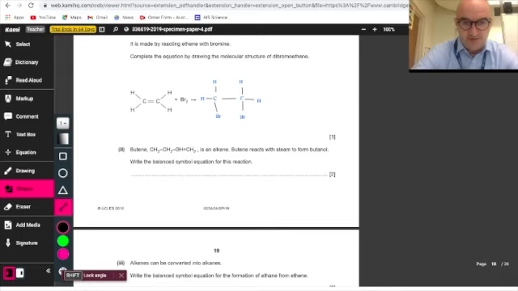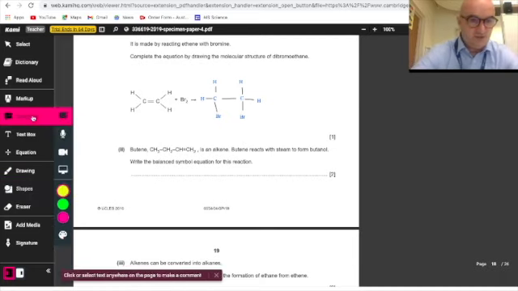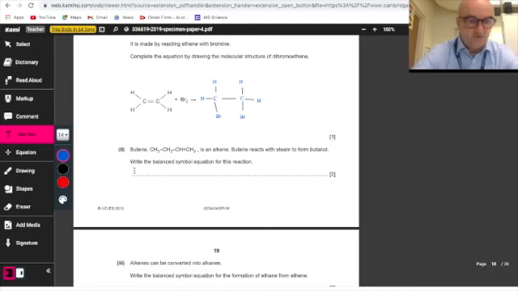My elephant parks backwards. Mostly eat purple biscuits, whichever way you want to remember it, just remember it. Butene reacts with steam to form butanol, right? The balanced symbol equation for this reaction.